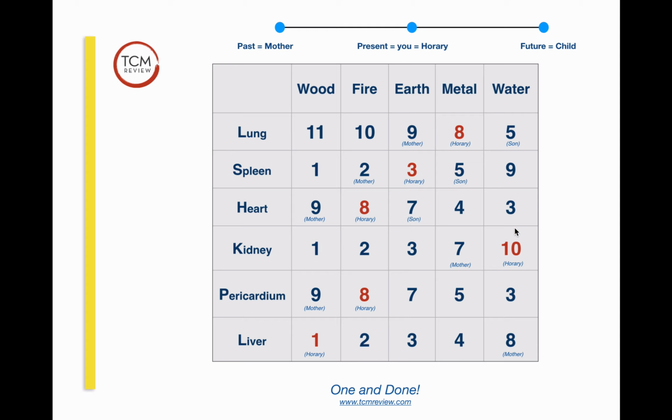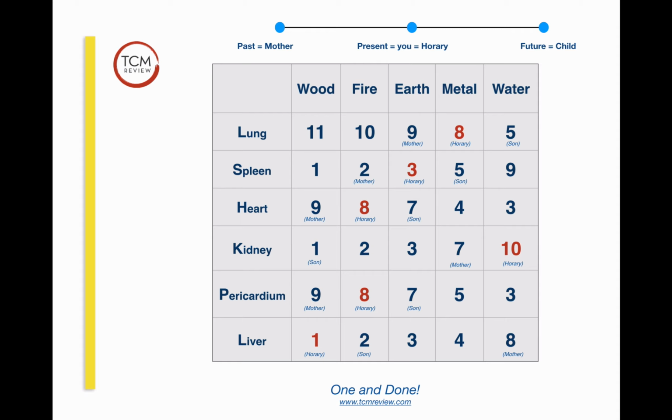Kidney is like liver, in that liver we didn't have a point to the left. For kidney, we don't have a point to the right, so we're going to circle around, and the son point is kidney 1. Then we have pericardium 7, and then last of all we have liver. The horary is 1, so liver 2 is the son point.